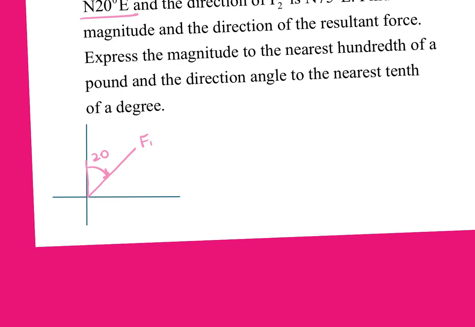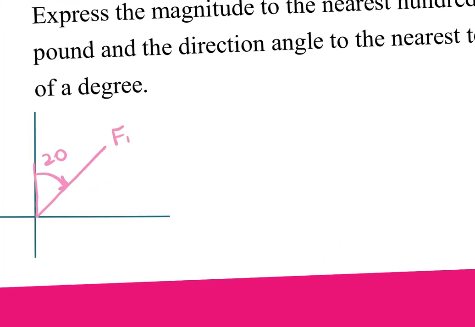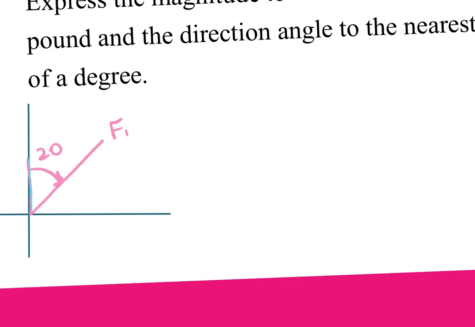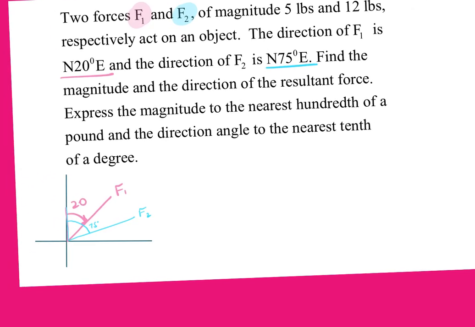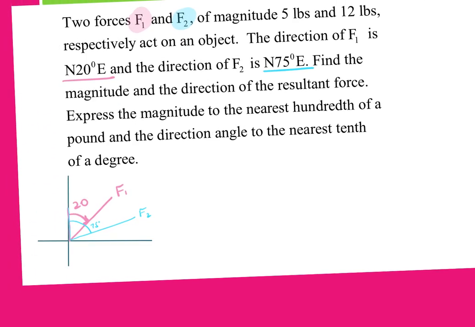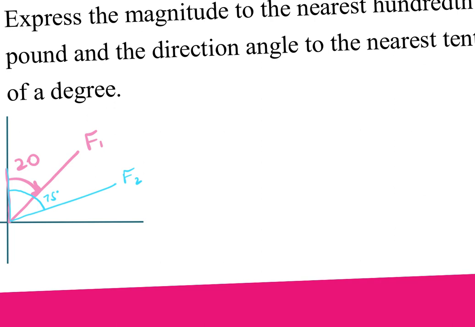Then I go to force 2, and force 2 is north 75 degrees east. So north again, but this time 75 degrees east. This is obviously not accurate. That would be 75 degrees, and that's F2. So in order to find the resultant vector, I have to find the component form of each of these. And to do that, I have to know the angles inside these angles.